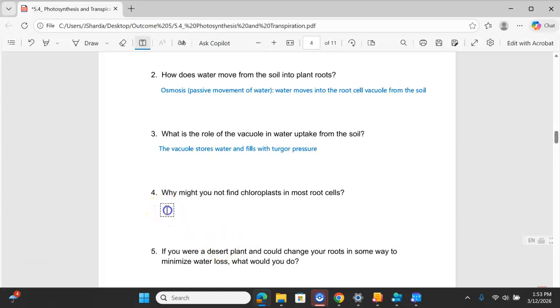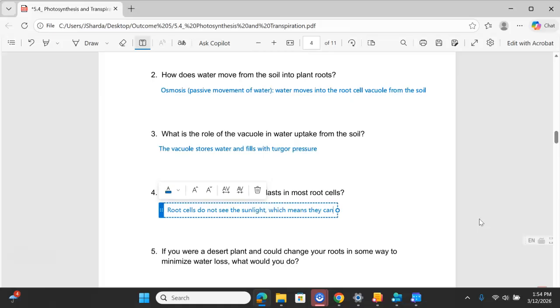All right, why might you not find chloroplasts in most root cells? I'm going to keep going so we're not going to make this too long of a video, but if you want to think about it for a second, go ahead and pause the video. Root cells do not see the sun, which means they cannot perform, hopefully you guessed it already, photosynthesis.